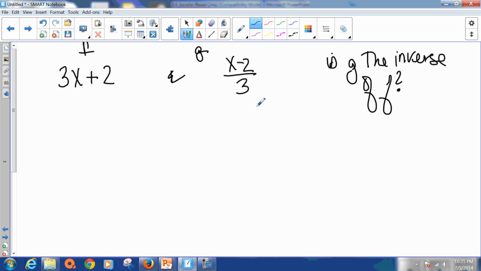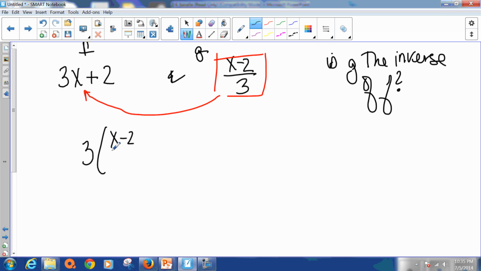But let's say if for some bizarre reason somebody wanted to know this, you would say, all right, I'm going to take all of this and I'm going to plug this into here. Let's see what happens. So instead of 3 times x, I got 3 times x minus 2 over 3 plus 2.